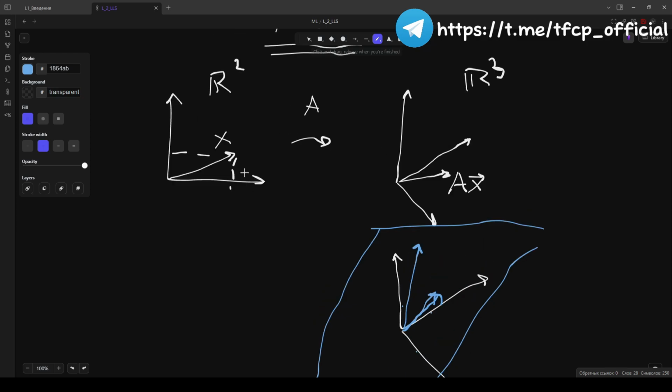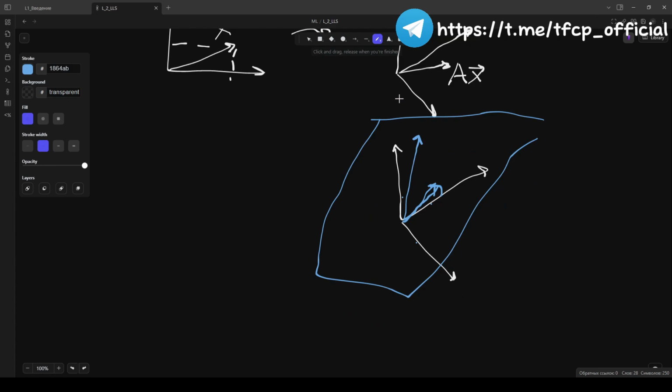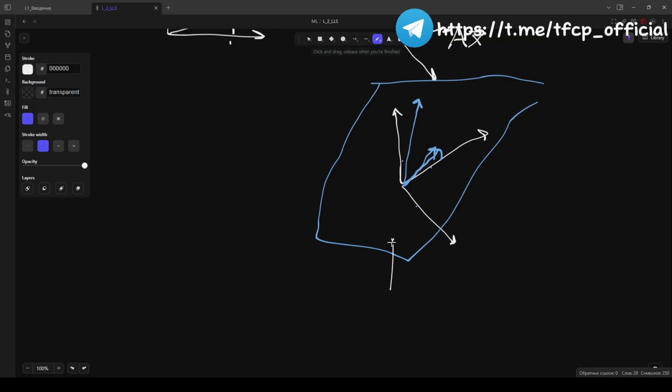And accordingly, when I apply the matrix to any vector X, I do not get an arbitrary vector from R3, but rather a vector that lies in this plane. Such a space is often referred to as the column space of matrix A.